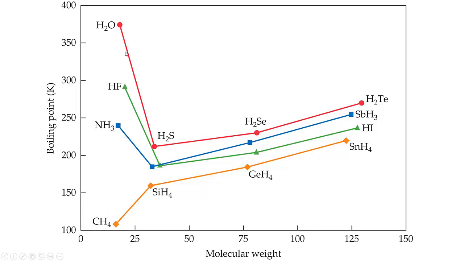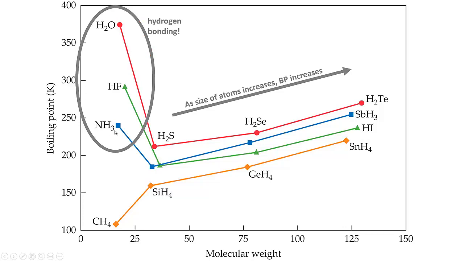So what is happening? Oxygen is smaller than sulfur, so why does oxygen have such a big boiling point when it's with hydrogen in the form of water? Why does fluorine so big? Why is your nitrogen bound to hydrogen so big? And if you think about it, it's because of that hydrogen bonding. The oxygen, the nitrogen, the fluorine are all involved in hydrogen bonding. And so you have a couple things here in play. As the size of your atom increases, your boiling point increases.